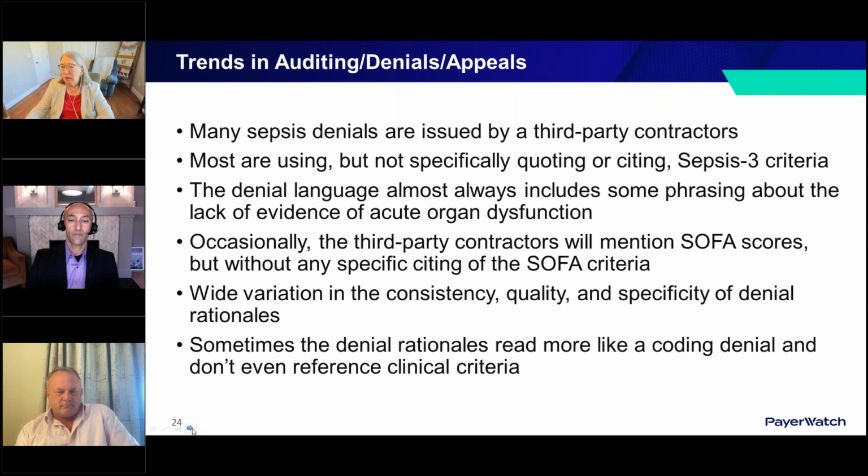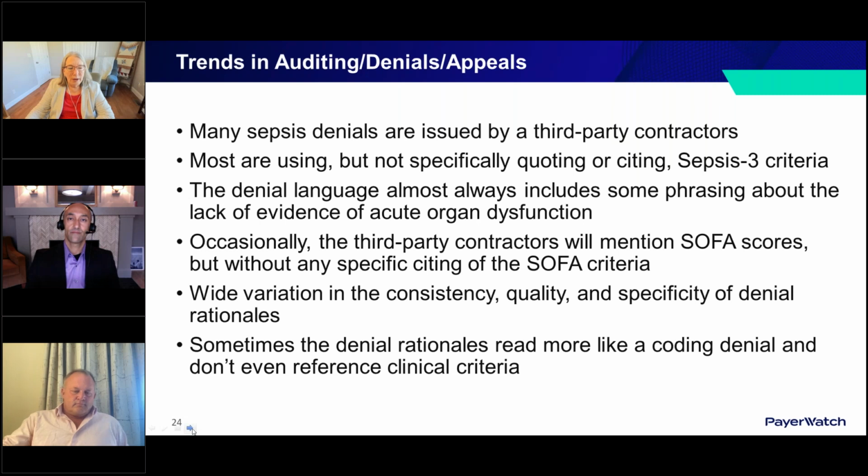I haven't seen a denial for sepsis in a long time that didn't at least allude to the Sepsis-3 criteria. Denial language is almost always going to include talking about evidence of acute organ dysfunction. Sometimes they use SOFA scores in their denials, but without any specific citing of SOFA criteria, which makes it a little difficult to understand why they are issuing a denial.